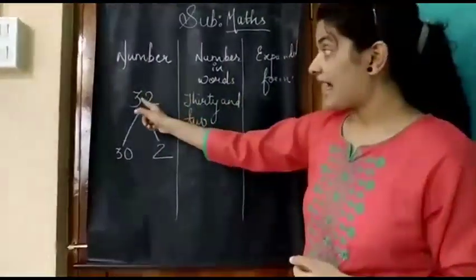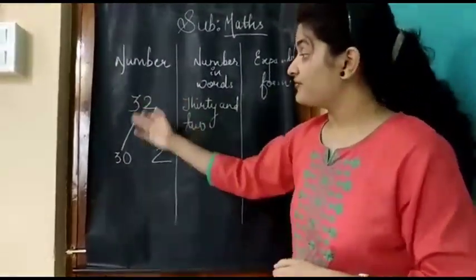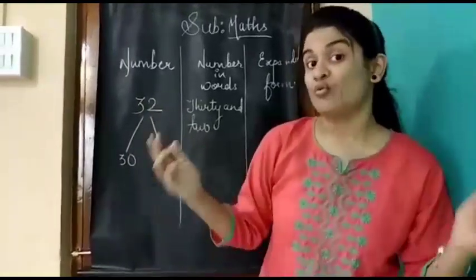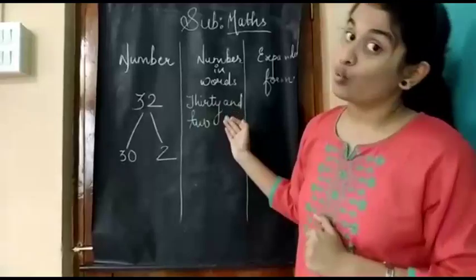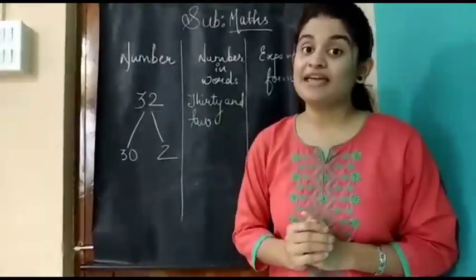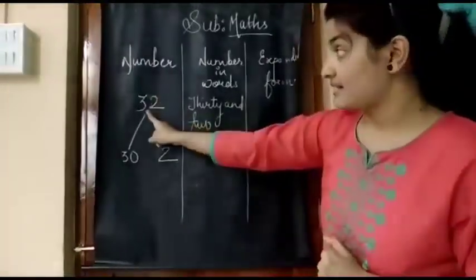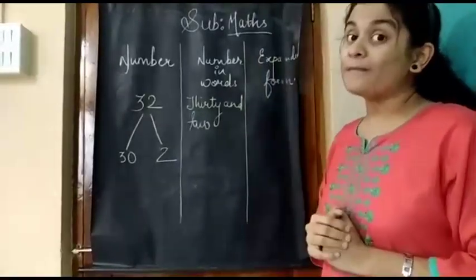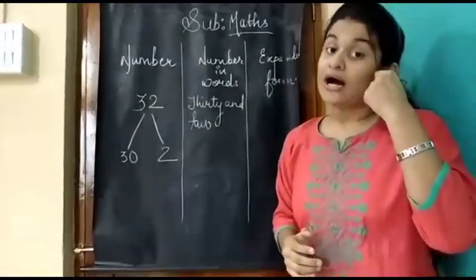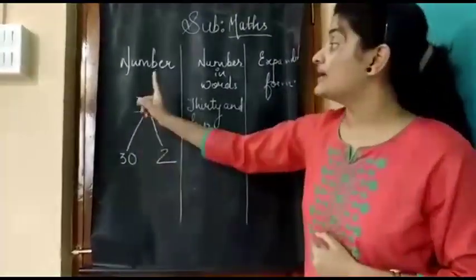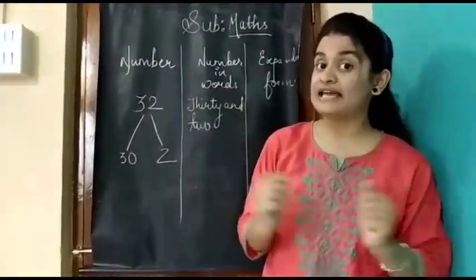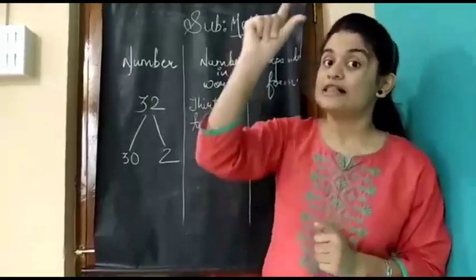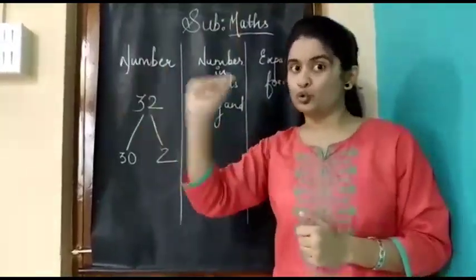Understood? Here I have written number and here we have written its place value, and here we wrote the number in words. So now tell me how I will write this number in expanded form. Yes, 30 plus 2.